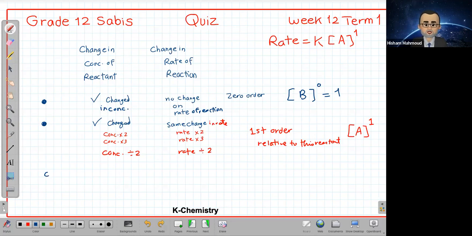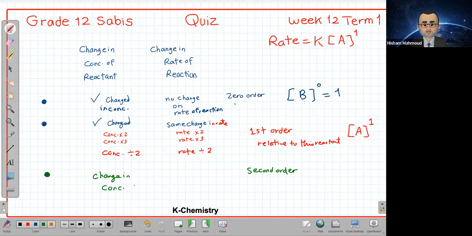But when you write that it is to the power of 2, that is a second order reaction. The second order happens when the change in concentration causes a change which is to the power of 2, a double change.